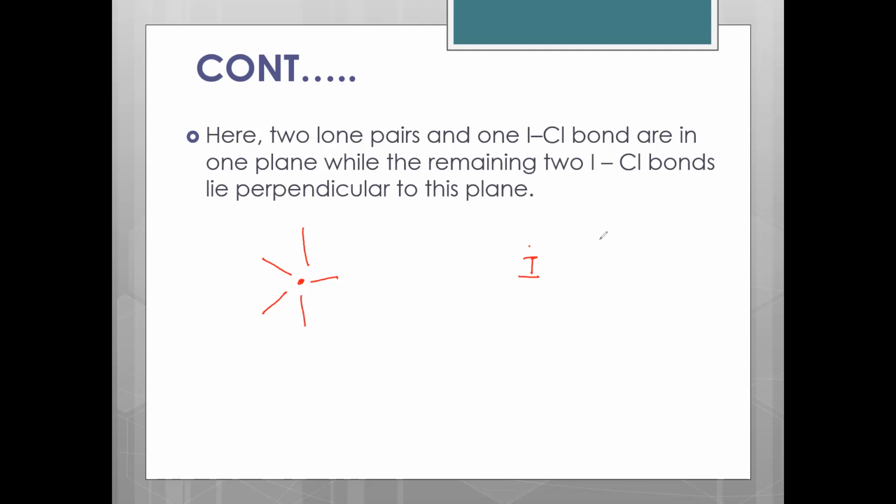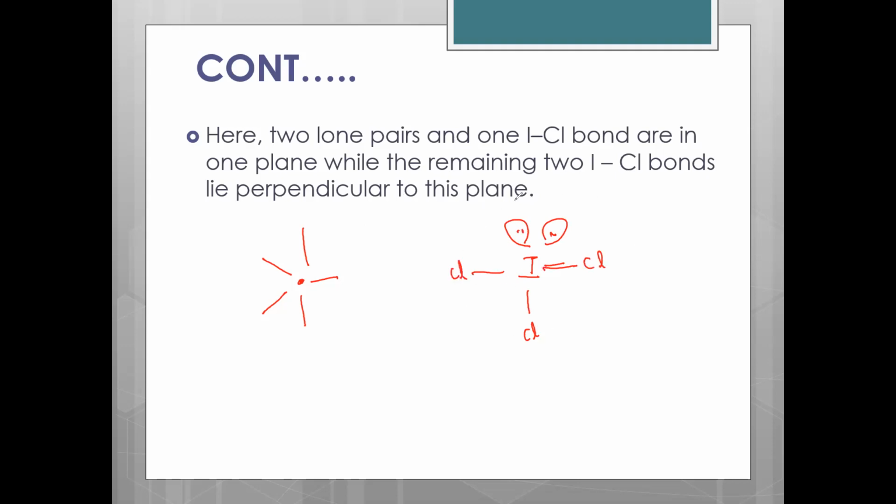So what they are telling is that the I-Cl bond is in one plane, while the remaining two I-Cl bonds lie perpendicular to that. So this is what is happening here. Along with your two lone pairs, one I-Cl bond is in the plane, and the other two are perpendicular to your plane.